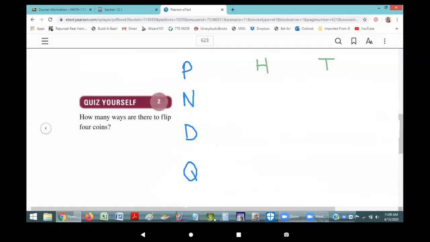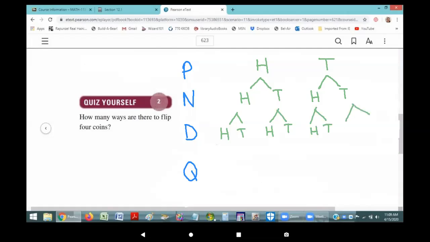And when we flip the nickel, the second coin, we'll also only get a head or a tail, regardless of what the outcome of the penny was. Now when we flip the dime, same thing. We can only get a heads or a tails, regardless of what the previous outcomes were.